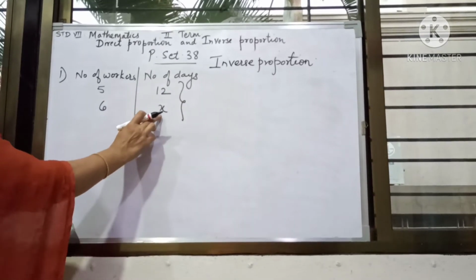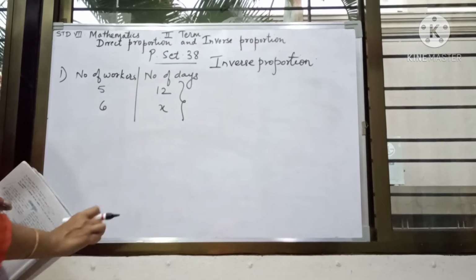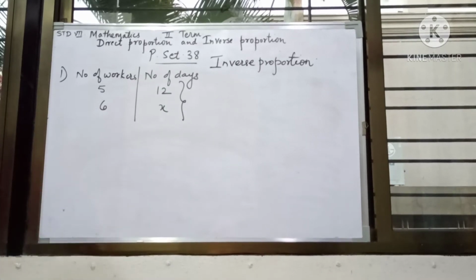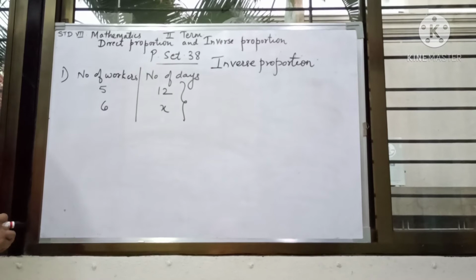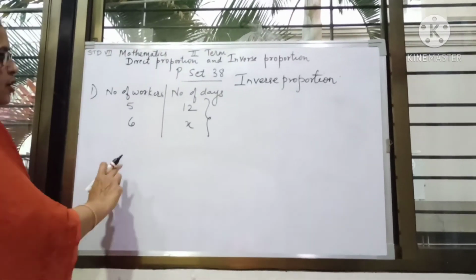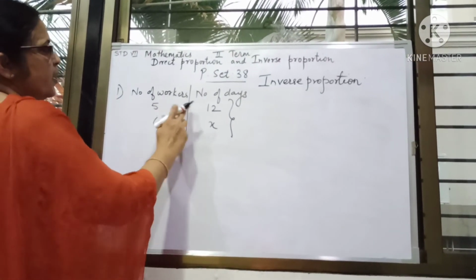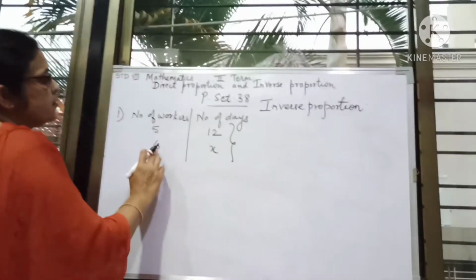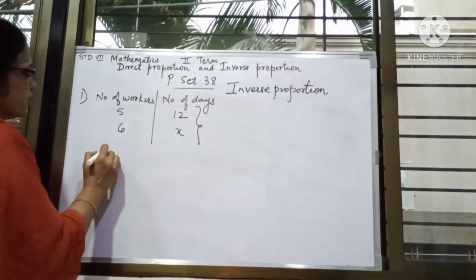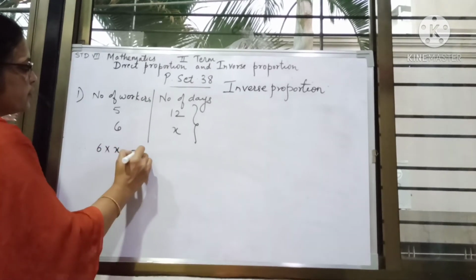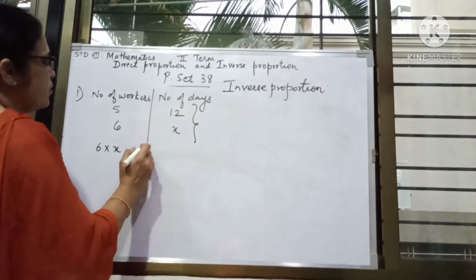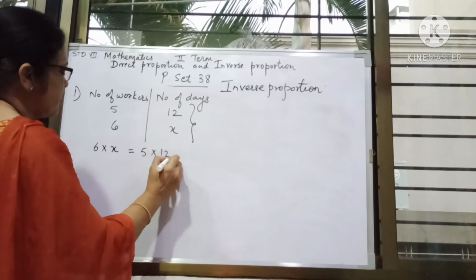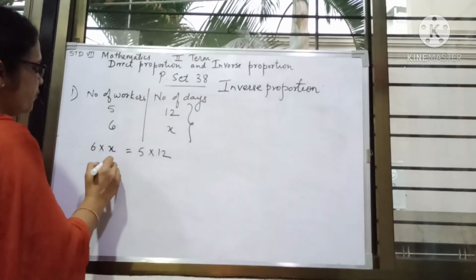So naturally the number of days will decrease. So now in inverse proportion, we have to equate both the sides by their product. So first we will take 6 into x on one side, 5 into 12 on the other side. So find out the value of x.